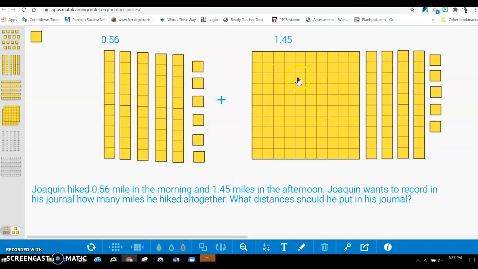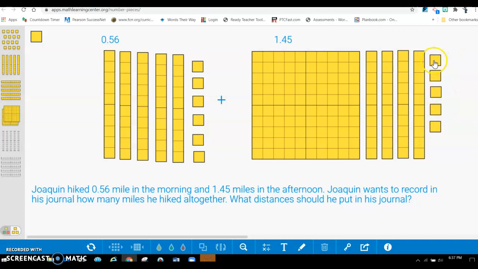And in the evening, he hiked 1 45/100ths of a mile. So here's our 1, and we have 4 tenths and 5/100ths. So this represents our 1 45/100ths.